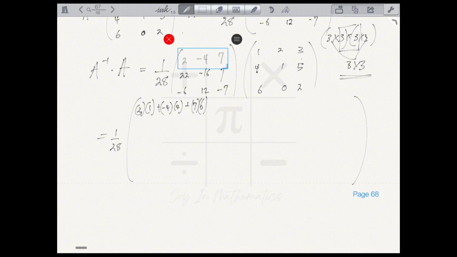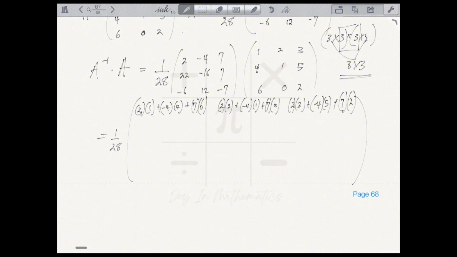Now the first row, the second column, we have 2 into 2 plus minus 4 into 1 plus 7 into 0. And first row and the third column now, 2 into 3 plus minus 4 into 5, plus 7 into 2.